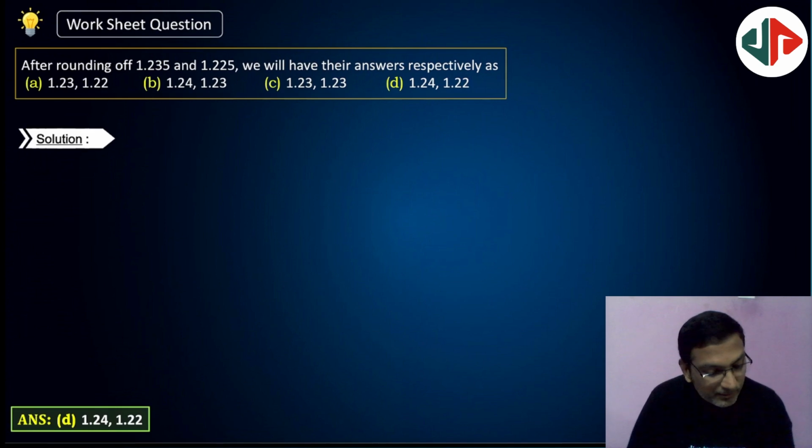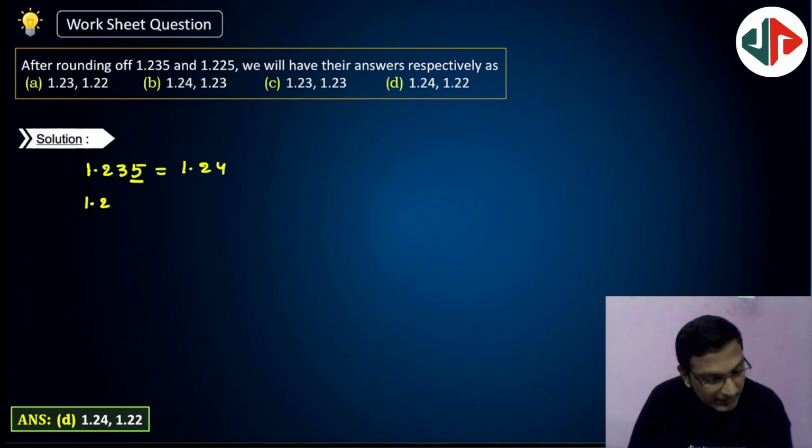After rounding off 1.235 and 1.225, what will be their answers respectively? So here 1.235 is given. Here 5 is there. Therefore, add 1 to the previous number. Therefore, it gives 1.24.